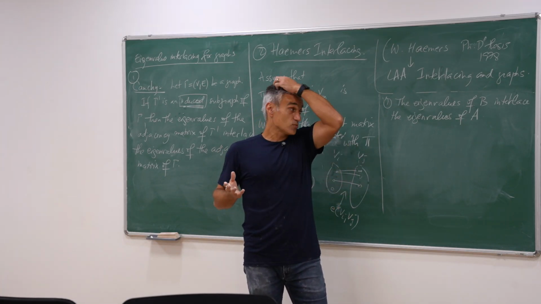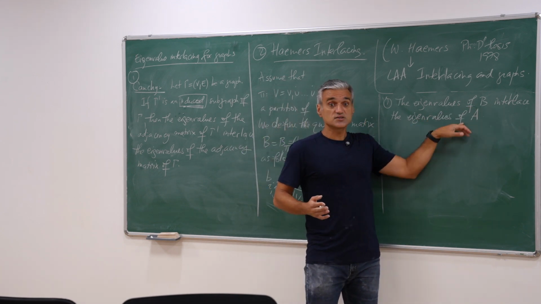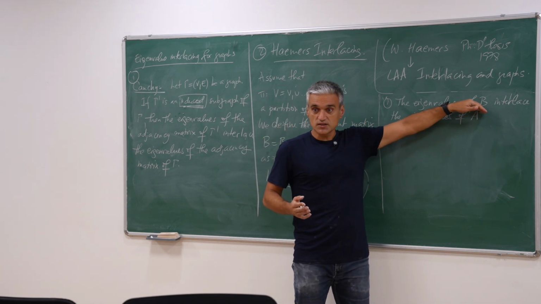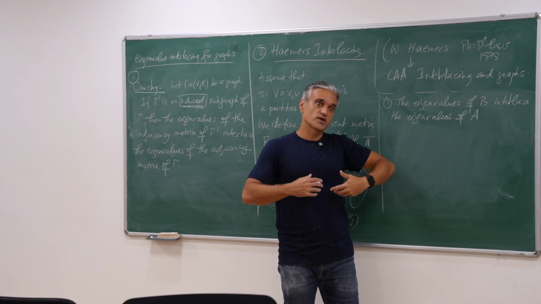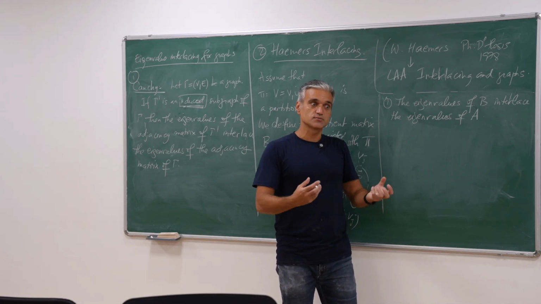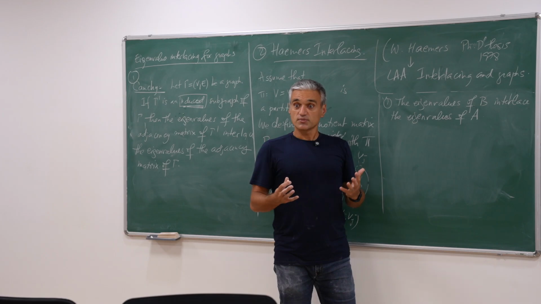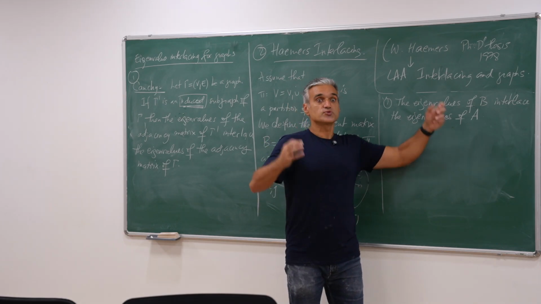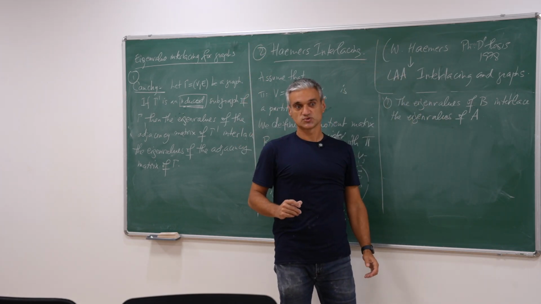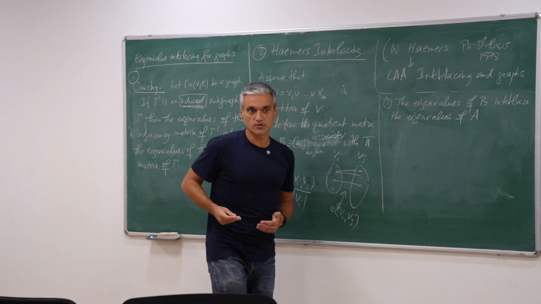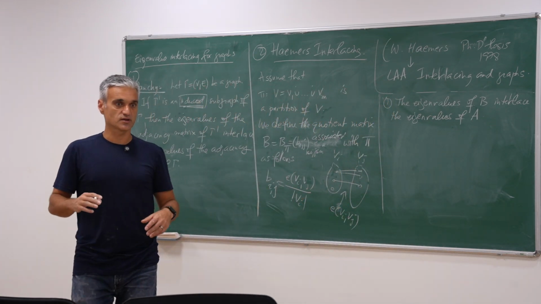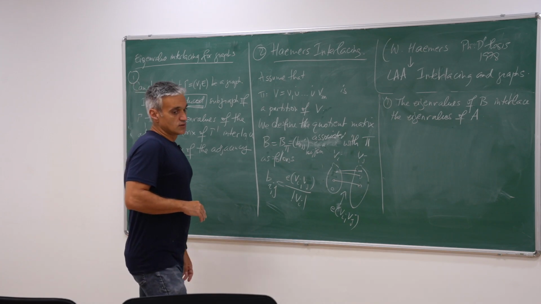Then by this interlacing, you relate B, which is a matrix whose eigenvalues are spectral things, but they carry some information about the structure of the graph, to the eigenvalues of the big graph. So that's the gist of it. And I forgot to say that it's the same thing as Cauchy interlacing, okay?